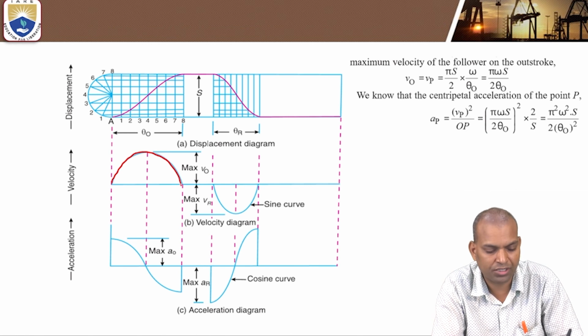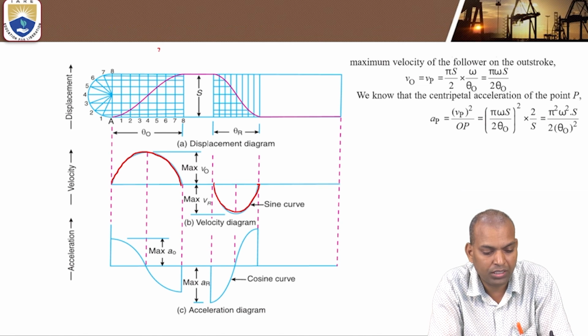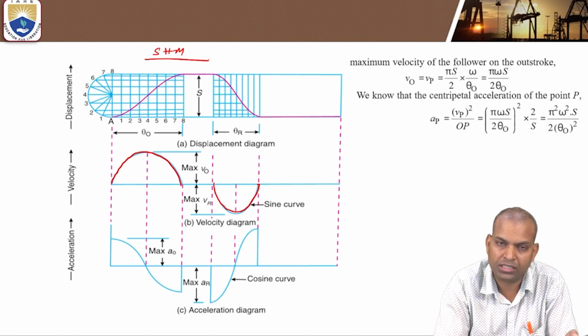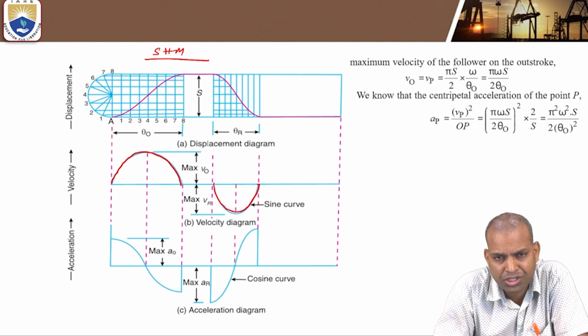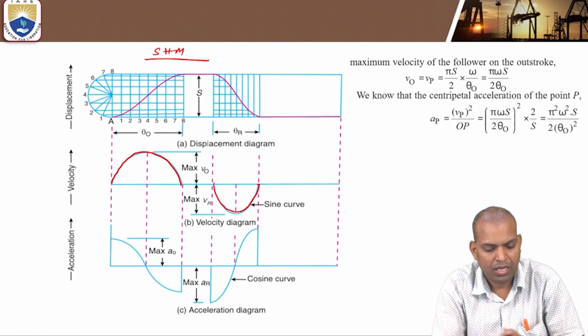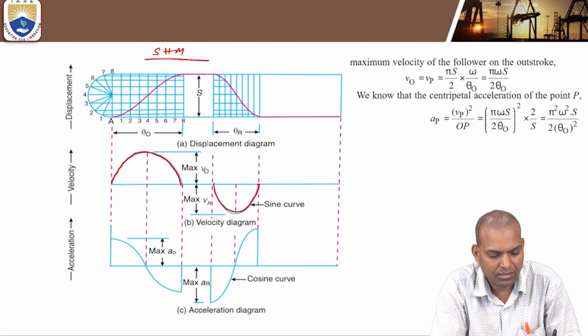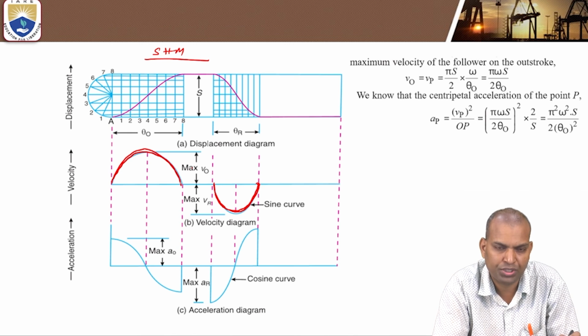These curves are only for the simple harmonic motion case. If it is uniform velocity and uniform acceleration and retardation, the curves will be different. Now it is the maximum V0 and the maximum during return stroke, the sine curve. These are the sine curves, simple harmonic motion.